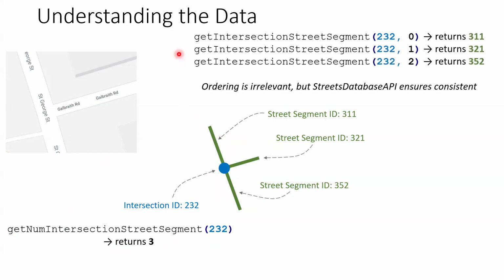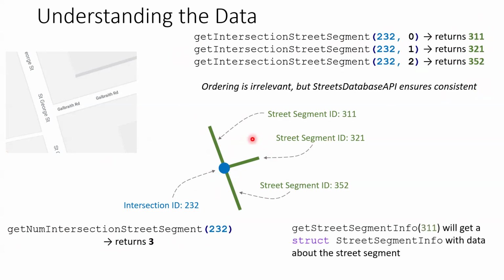Next, we do 3 iterations of get intersection street segment of 232 and 0, 1, 2, and this returns us the street segment IDs respectively. In the end, we can get the street segment info by using the get street segment info function to get the actual struct.